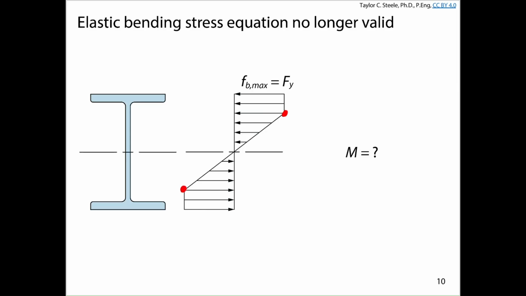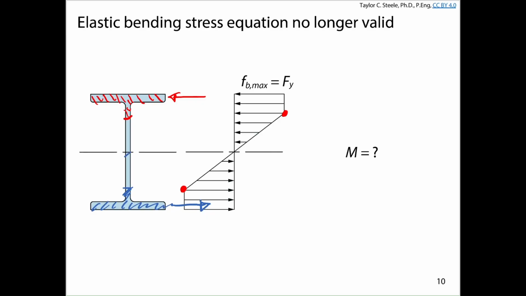We could, from equilibrium, figure out what the moment is, right? We could take this area, and we could multiply that by the yield stress, and we'll have a force in compression at the top. We'll take this area at the bottom, that's in tension, it's fully yielded, and so we could take a force in tension at the bottom.